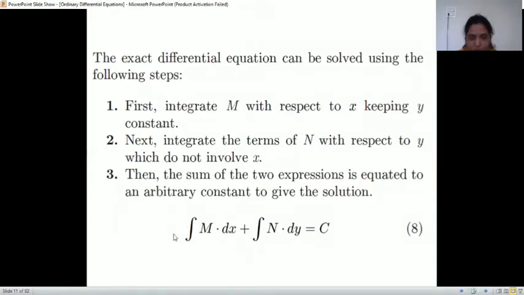For that part, your y must be constant. Here, for solving this integration, we are treating y as constant. And to solve the second integration, you should not count the terms of x. That is, this must be free from x. Wherever there is x, we are not going to count that part, right? So the term free from x, and here y is constant.